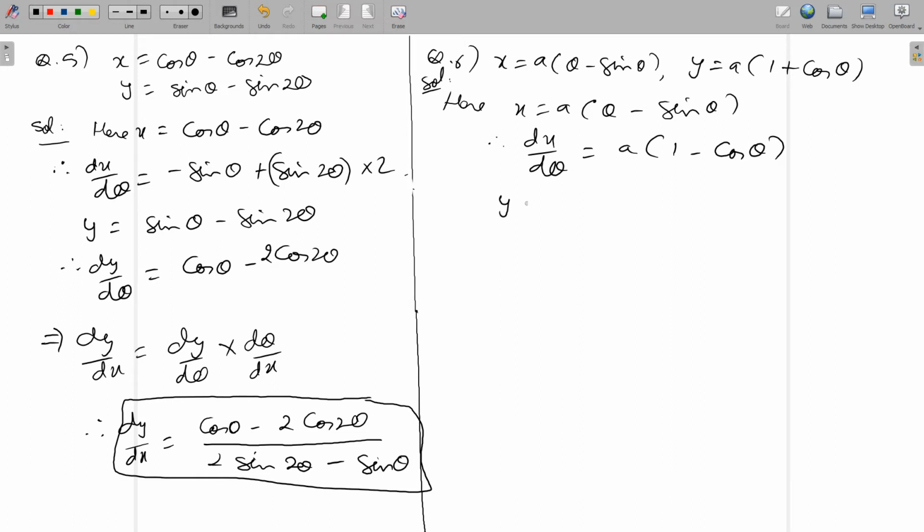and we have y equal to a into 1 plus cos theta, so dy by d theta will be equal to a is constant, also 1 is constant, it will be 0, and the differentiation of cos is minus sine theta, so minus sine theta.